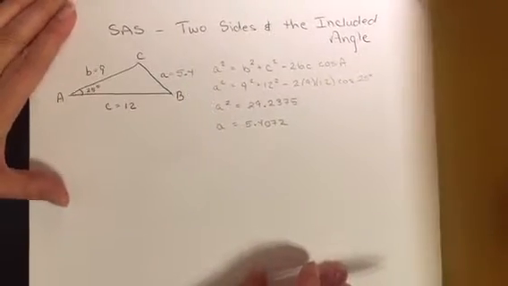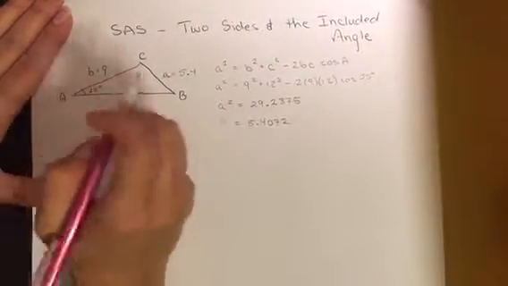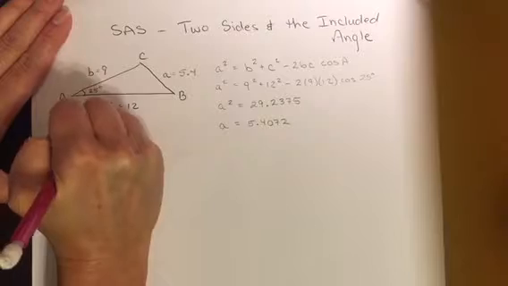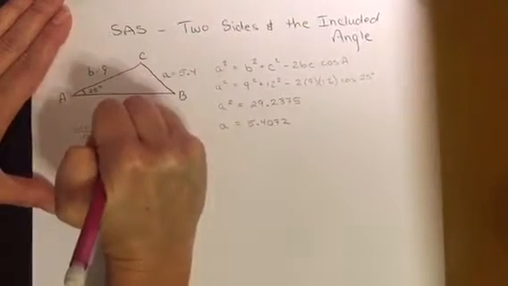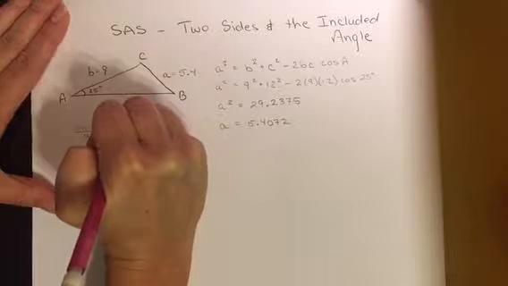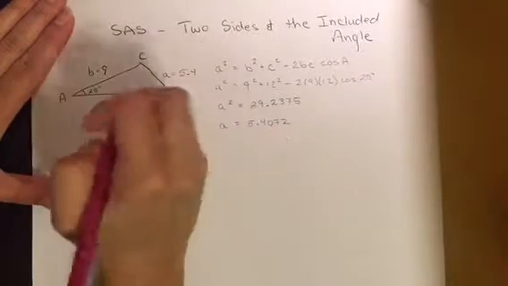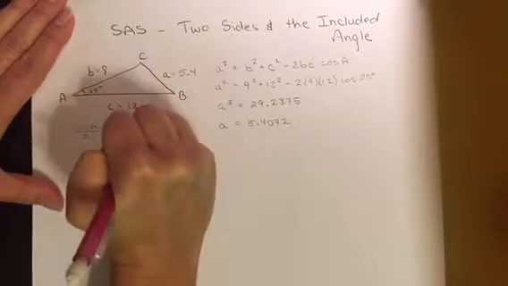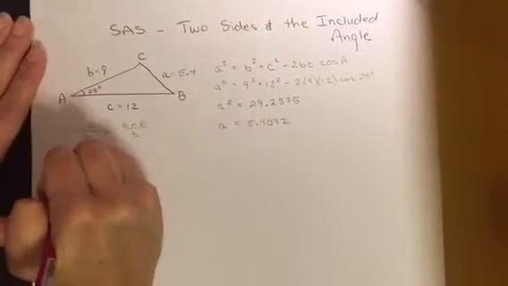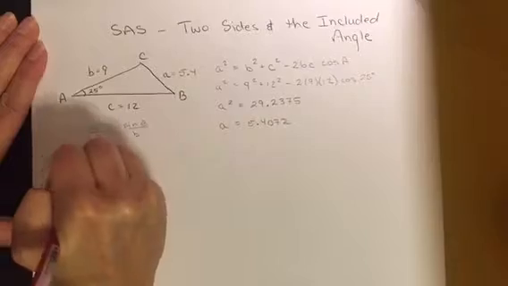Okay, so now we have a ratio between angle A and side A. So now we can flip back to the law of sines. So sine A over side A, and then I'm going to compare it to B. So I'm going to have sine B, which I don't know, over side B. So I'm going to fill in my values here.